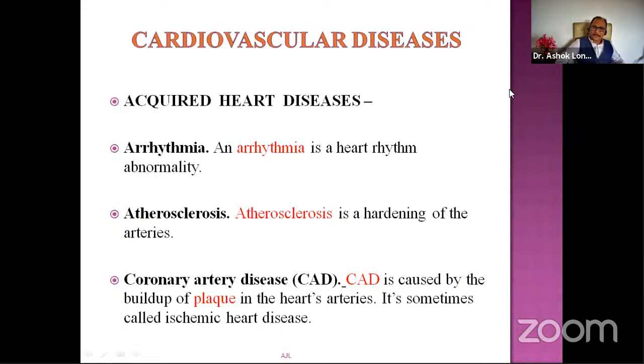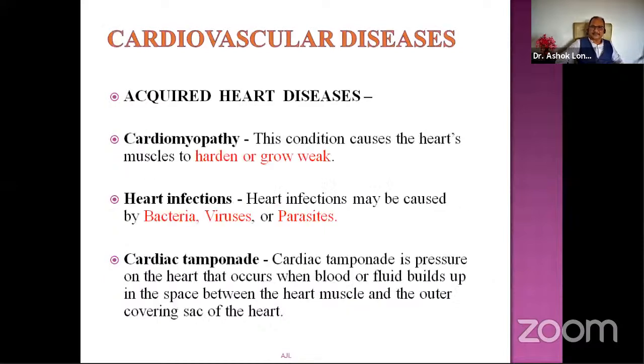Plaque is usually platelets or blood clot, and most of the time fat, within the lumen of the artery. And then cardiomyopathy, a condition that causes the heart muscle to harden or grow weak. Harden or grow weak means they become weak.